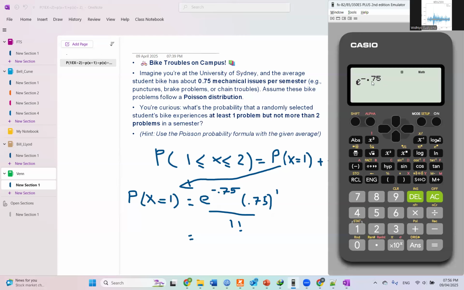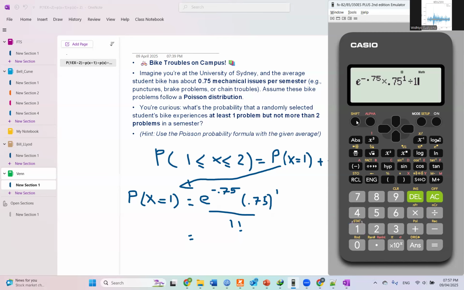We are no longer in the power area. Then we multiply it with 0.75. In here we don't need to power it to the 1, but to show you how the calculator works, I will still do it anyway. So I press this to the power of 1, and then we can divide it by 1 factorial. We don't need to do so because 1 factorial doesn't change anything, but I will still do it anyway, so you'll know how to press the buttons.